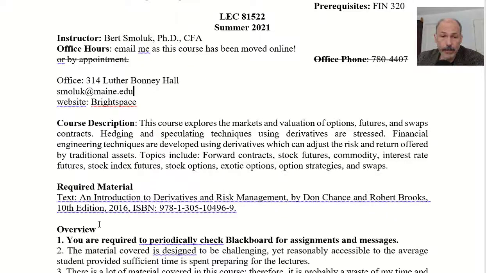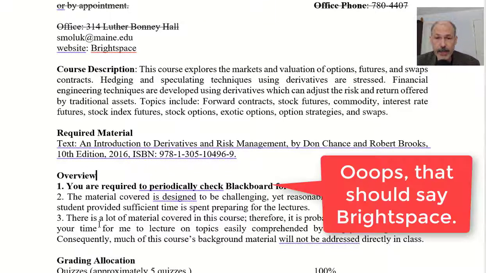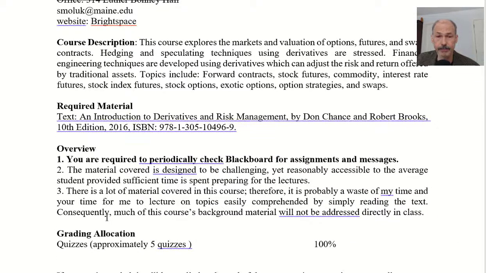Now, let's go down to the required material. The required text is An Introduction to Derivatives and Risk Management by Chance and Brooks, the 10th edition. The ISBN is listed there. Yeah, you're going to need that textbook. It'll be very helpful. I follow it relatively closely in my course and in my videos.